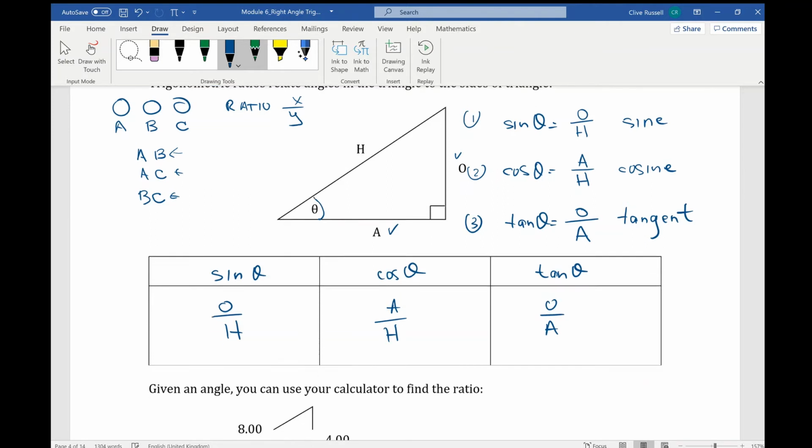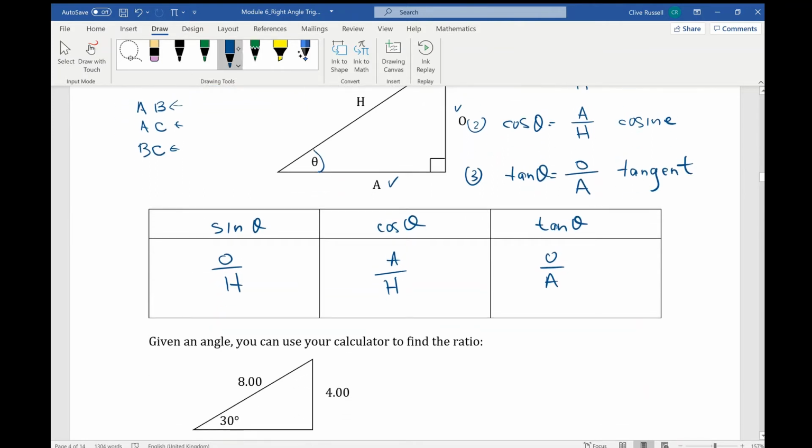And many of you have probably seen this before. If we take the S with the O and the H, the C with the A and the H, and the T with the O and the A, you end up with SOH coming from here, CAH coming from here, and TOA coming from here.